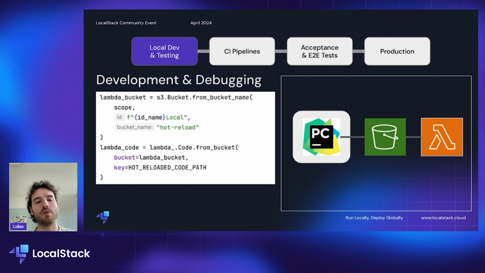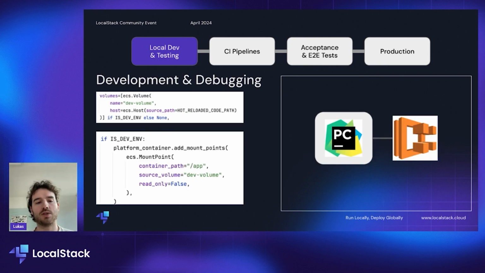It's really small. First of all, we have to create a bucket called hot reload, and then we create Lambdas from that bucket. And every time we change the function code or want to change the implementation, we do not have to redeploy the whole application, but it's automatically reloaded because of this hot reloading feature.